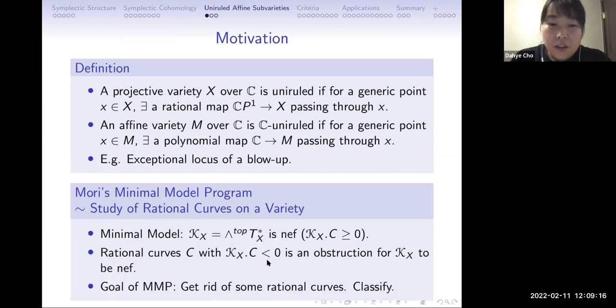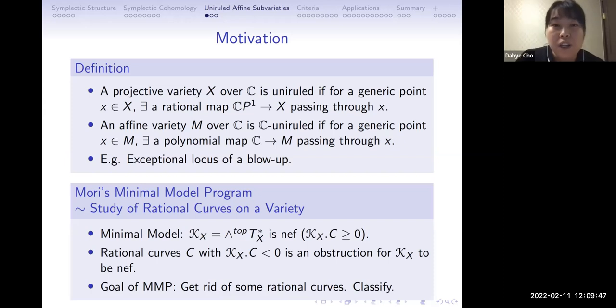I mean, people want to find a minimal model, where the canonical divisor is nef, the canonical sheaf. Very roughly speaking, they want to get rid of some rational curves that are an obstruction for the canonical divisor to be nef, and after getting a minimal model, they want to classify them.